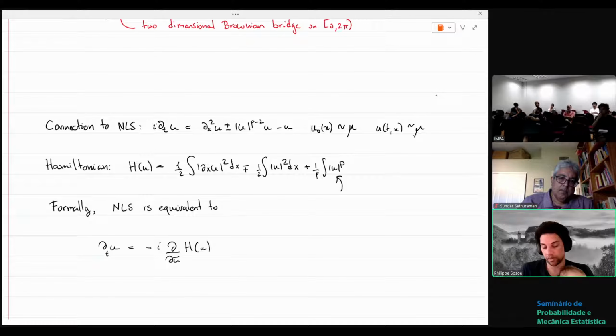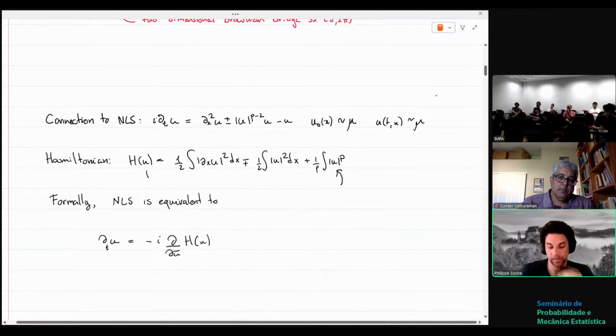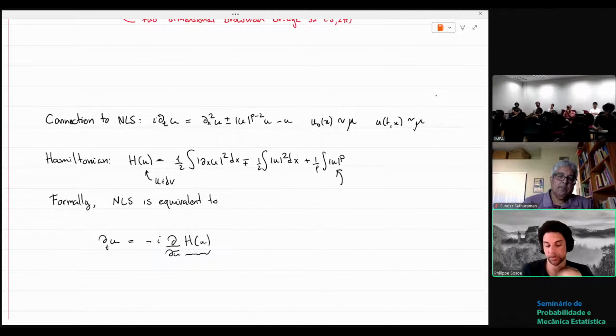Formally, you can write it as dtu equals minus i times d by d u bar of H. What d by d u bar means is that you take the functional derivative formally of H with respect to u: you replace the function u by u plus delta times a small perturbation, and then look at what you get. You get some functional of u, and this functional you put on the right-hand side of NLS.